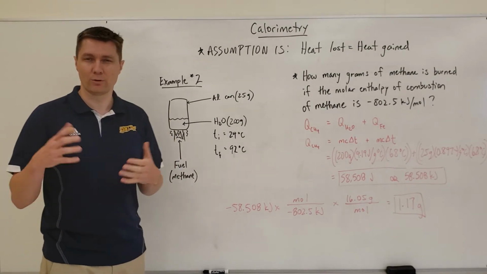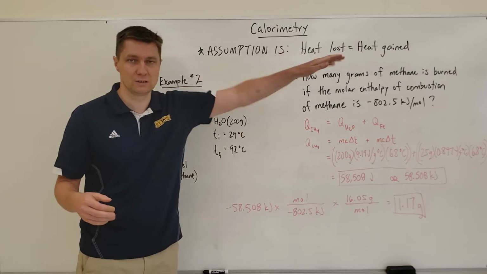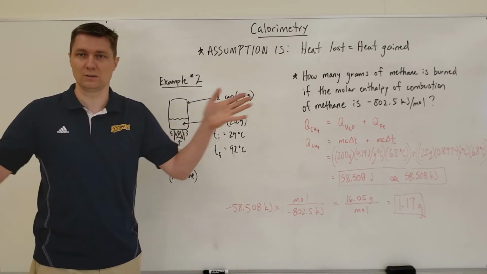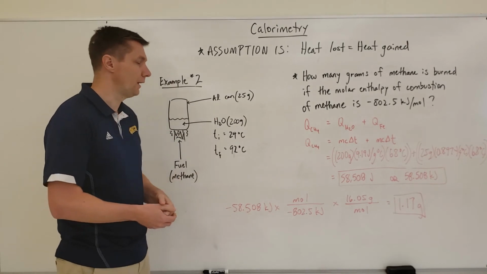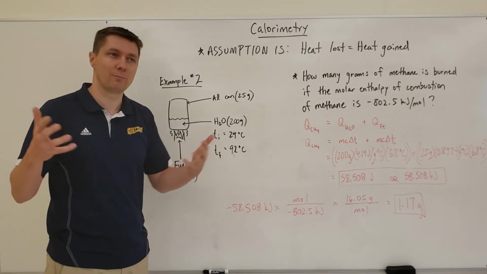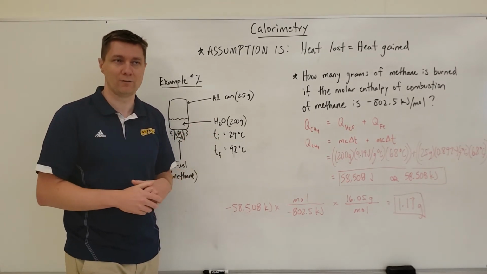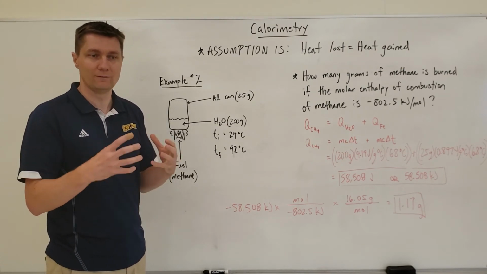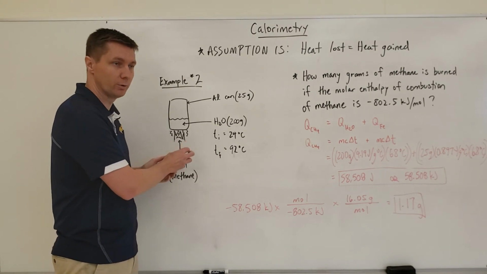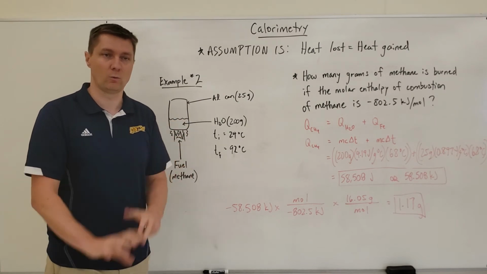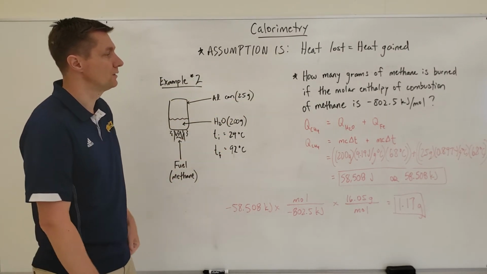And again, remember too, we're assuming, because heat lost equals heat gained, that there is no heat lost to the environment. Naturally, there's going to be some of that, but we're assuming that amount of heat is zero. All of the heat that's lost by this fuel being burned is being absorbed by the can and the water. So that's why we can make this determination.